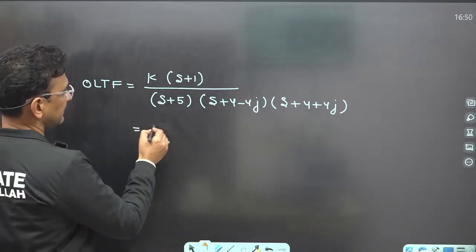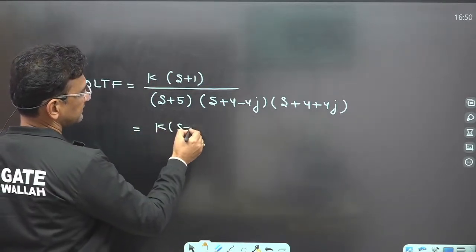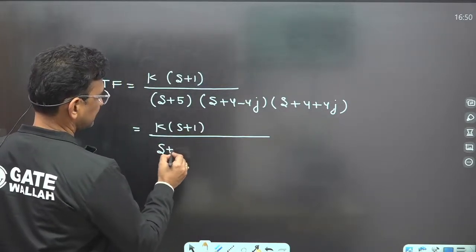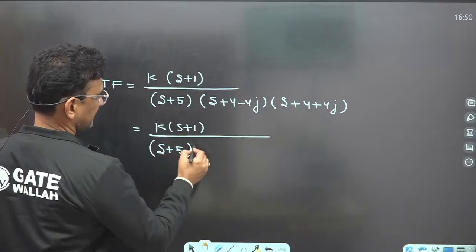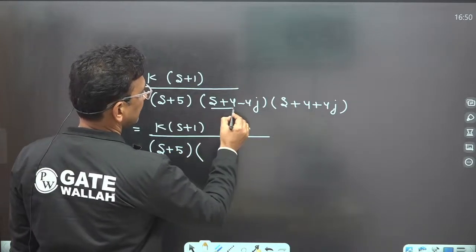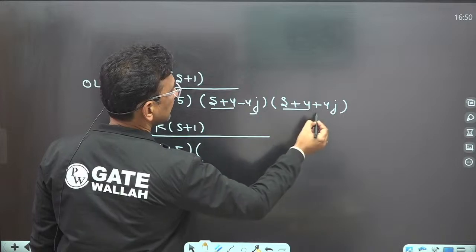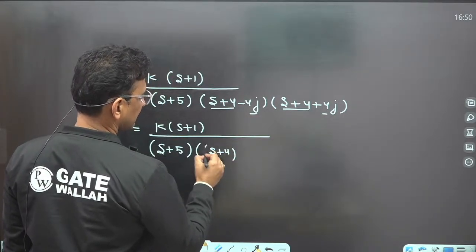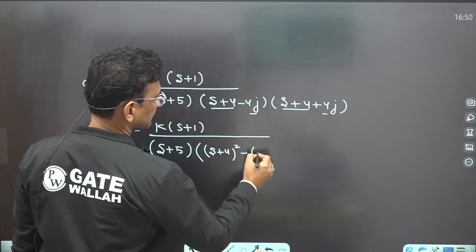So it has become K, S plus 1, S plus 5, see, A minus B, A plus B, that means A square minus B square.